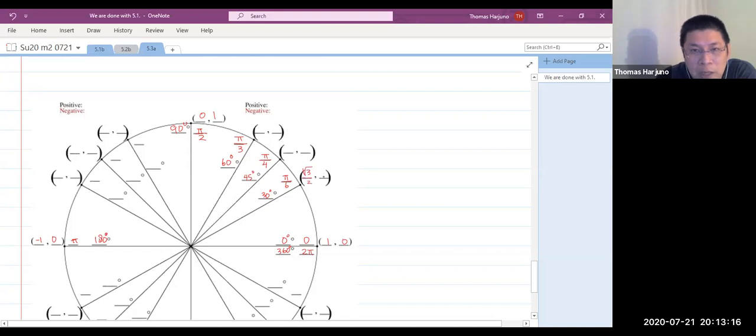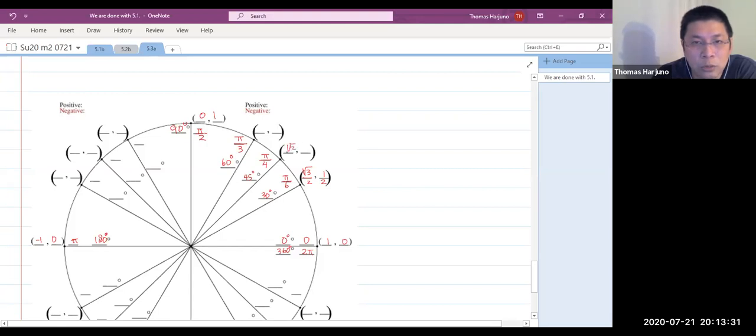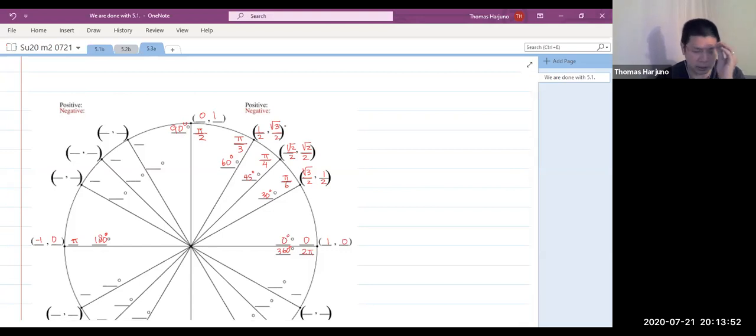So when you do this exercise, it forces you to memorize the values of sine and cosine of 30, 45, 60 degrees. Cosine 45 degrees, sine 45 degrees, radical 2 over 2. Cosine 60 degrees is 1/2. And sine 60 degrees is radical 3 over 2. Now, that one is easy.